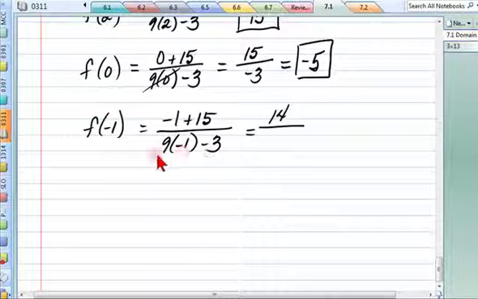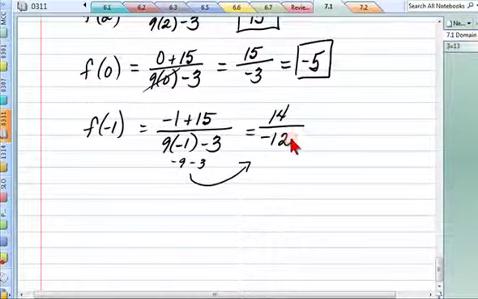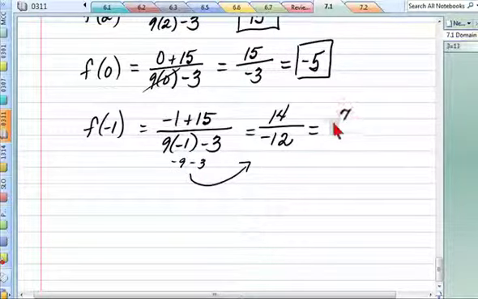The denominator, what's 9 times negative 1? Negative 9. Negative 9 minus 3 is negative 12. Can you simplify that answer? Yes. What's the common factor? 2. Because those are numbers, we'll just divide them out. We'll get 7 over negative 6.